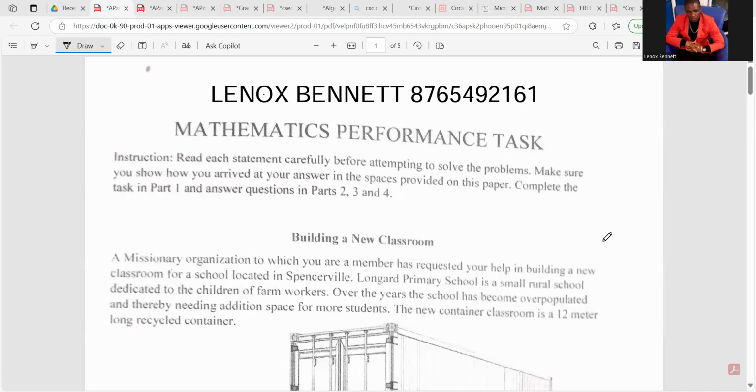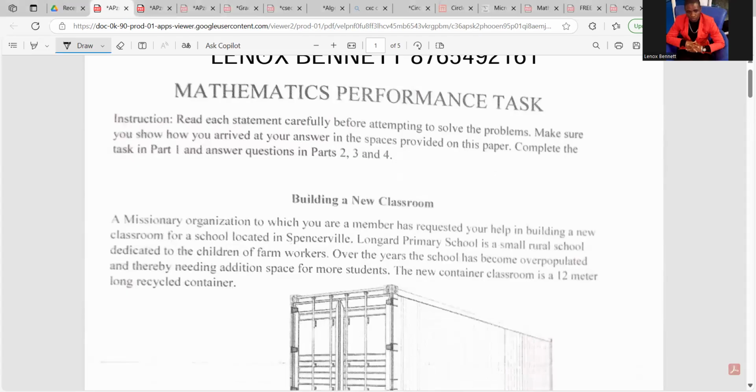Building a new classroom. A missionary organization to which you are a member has requested that you help in building a new classroom for a school located in Spencerville. Langard Primary School is a small rural school dedicated to the children of farm workers. Over the years, the school has become overpopulated and thereby needed additional space for more students.